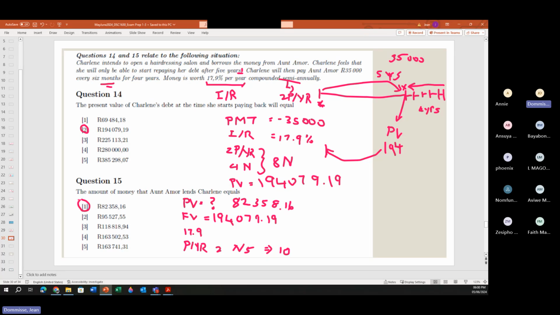So again, what they might do for this year is they will not put it as two separate questions. They might have added that you needed to work out that present value, then use it and change it to future, and then work it back, but have it as one question.